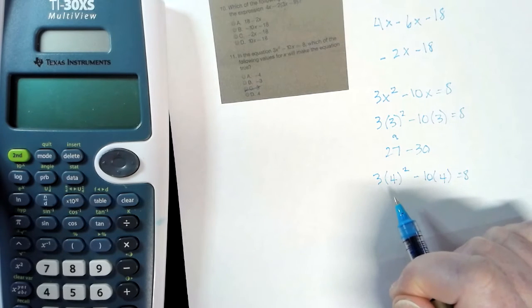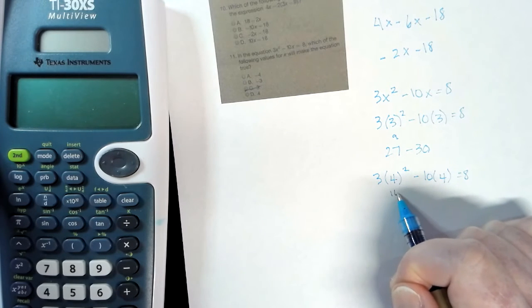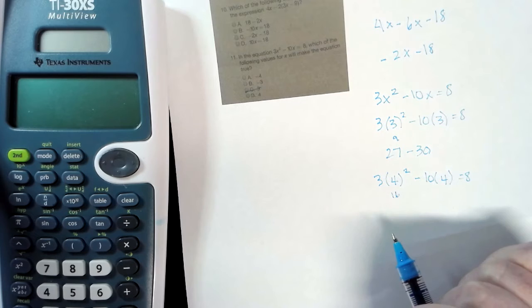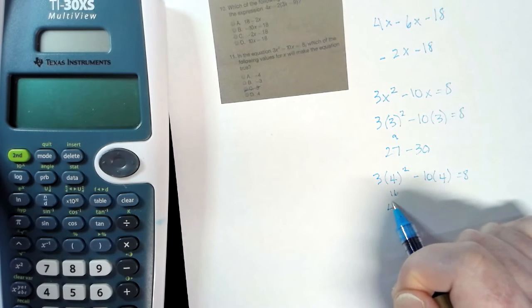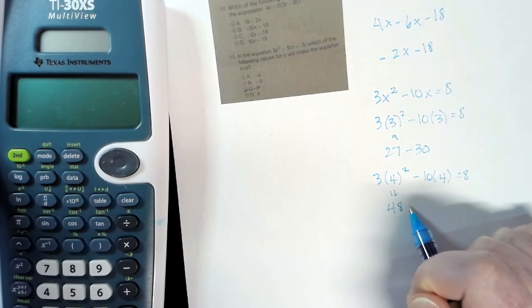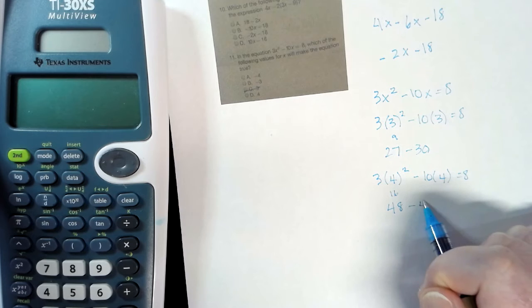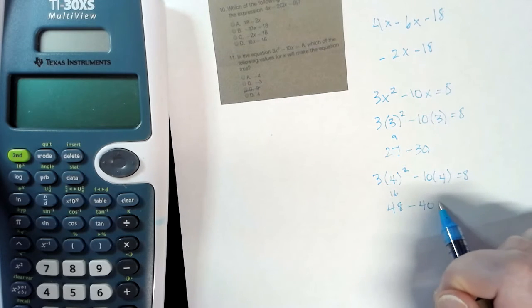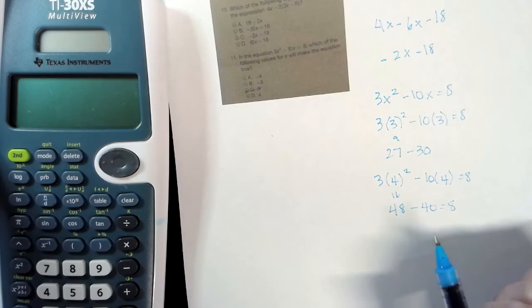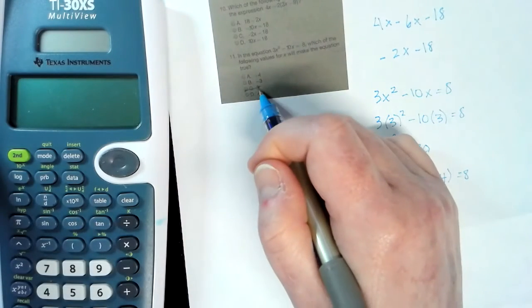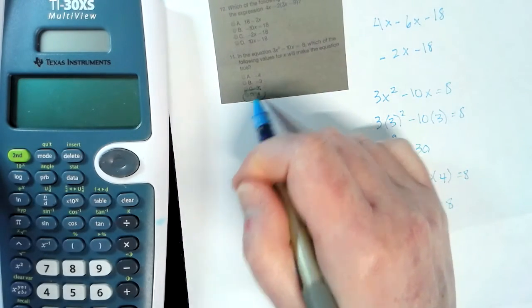And 4 squared is 16. 16 times 3, that's going to be 48. 48 minus 10 times 4 is 40. Look at this. 48 minus 40 is 8. D is your answer.